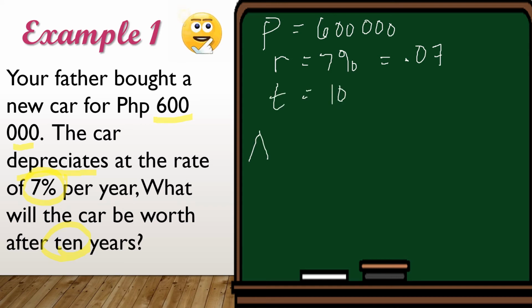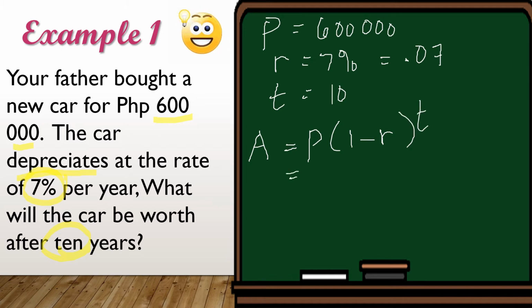Now, let's apply the formula. A is equal to principal times 1 plus r. Sorry, it's not plus anymore because it's exponential decay. It should be minus. So 1 minus r raised to time.